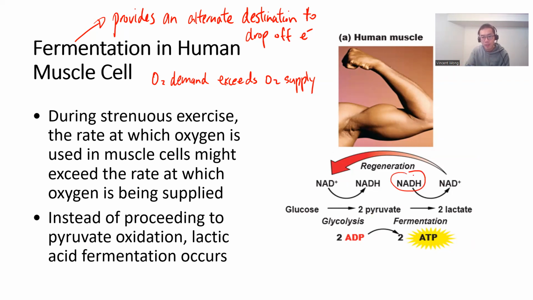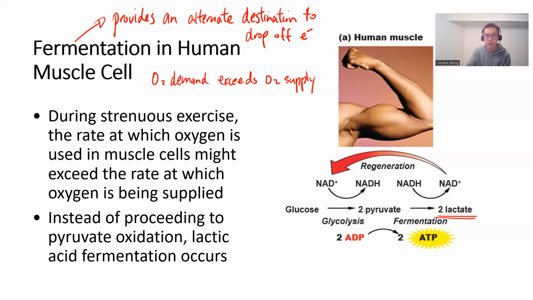So the NADH, instead of going to the electron transport chain, in this case, is going to react with pyruvate and convert it into lactate. So in humans, we call this lactic acid fermentation. So the purpose is to allow glycolysis to keep on going.